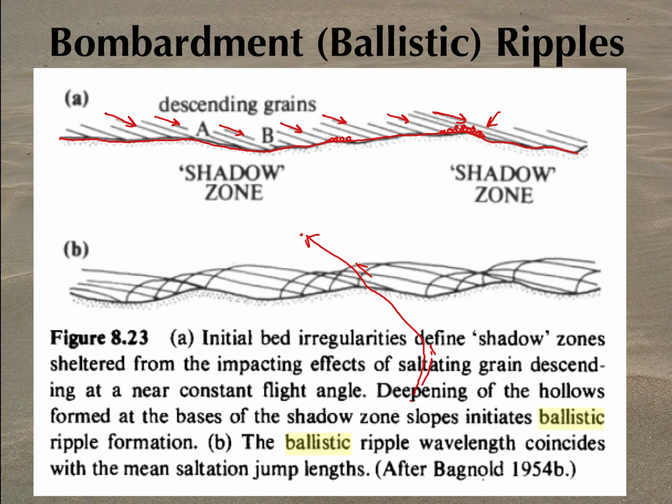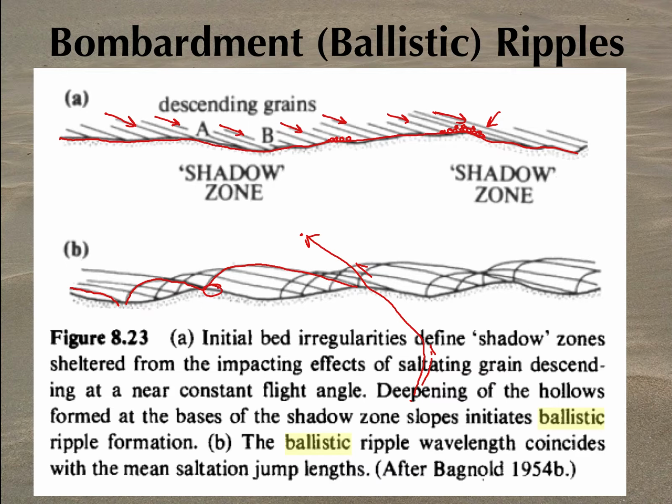So what happens then is you get these grains coming down, hitting the bed, bouncing back up, hitting the bed again. But this whole area here is sheltered from that because the angle of impact is lower than the angle of that slope.